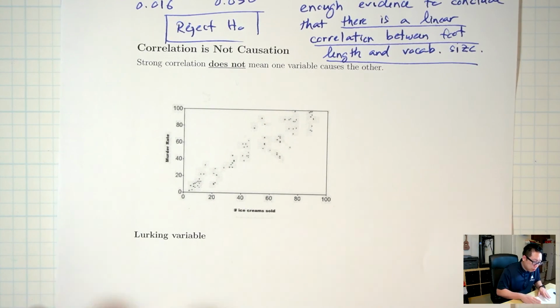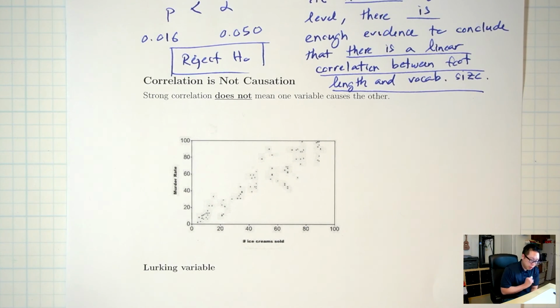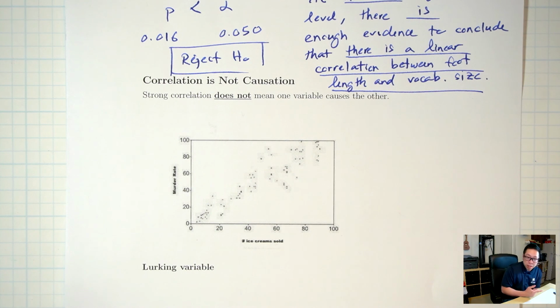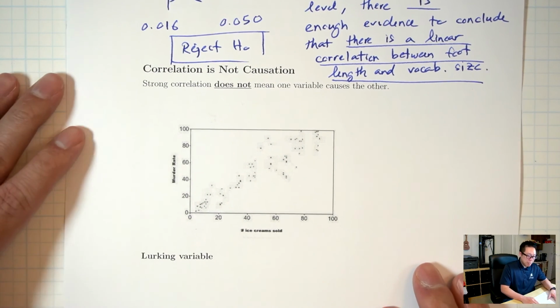And then another, more famous example is this one. So here we have ice cream sold and the murder rate. Based on the scatter plot here, it looks like ice cream and murder is correlated. It does kind of look like a line. But does ice cream cause murder? Can't be, right? That's ridiculous.